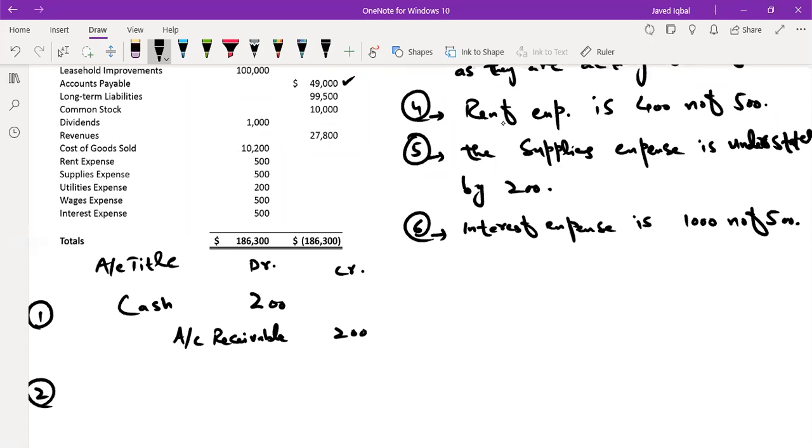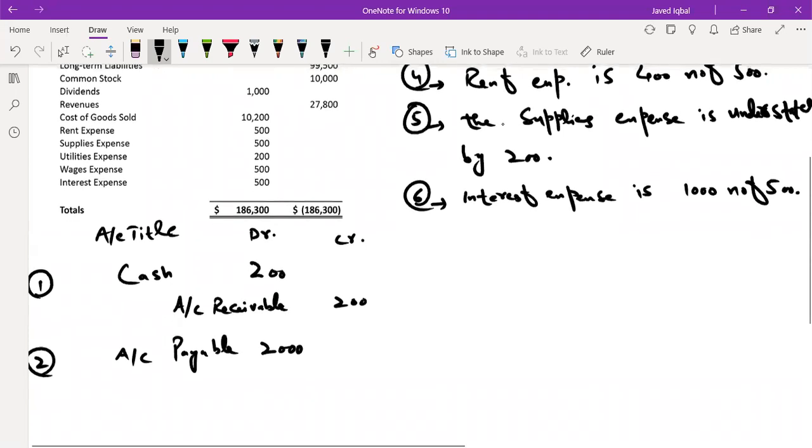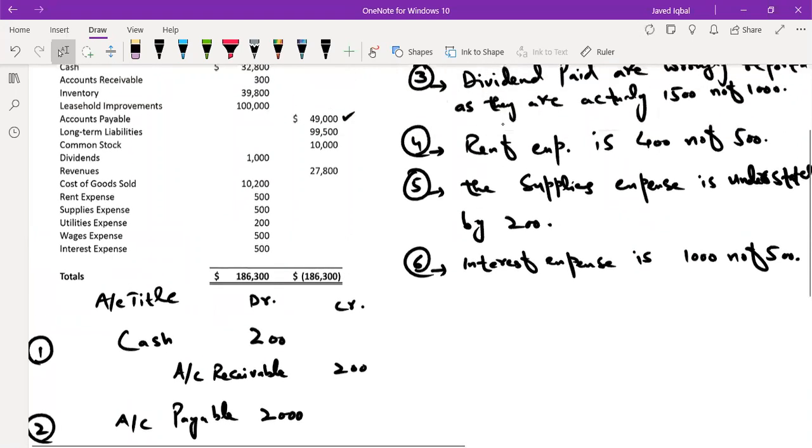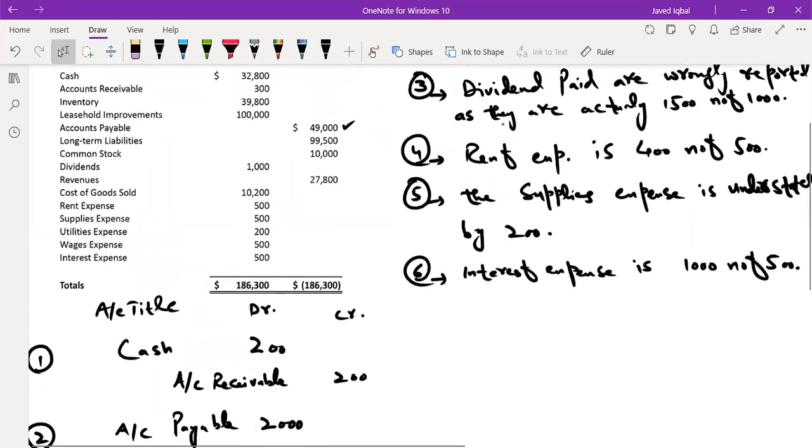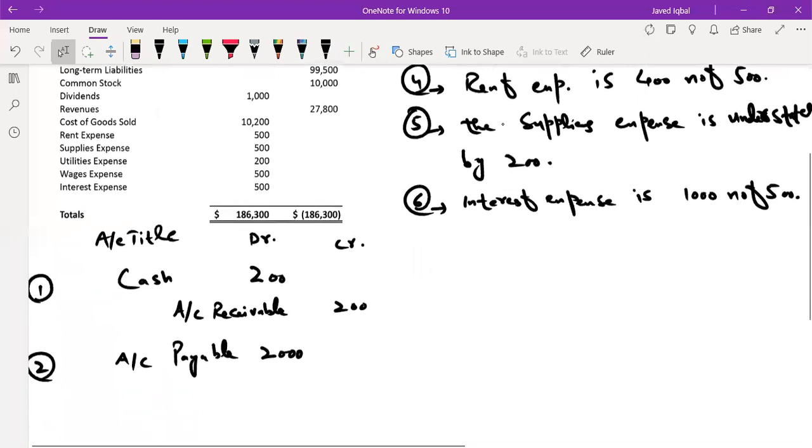We are basically trying to decrease this account payable by 2000. When you decrease payables, either you have to pay or you have to return some goods, like, most of the time this payable is from the credit purchase of inventory. So you can return those goods worth 2000.